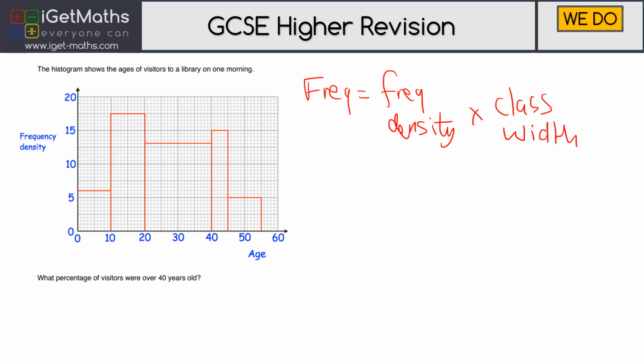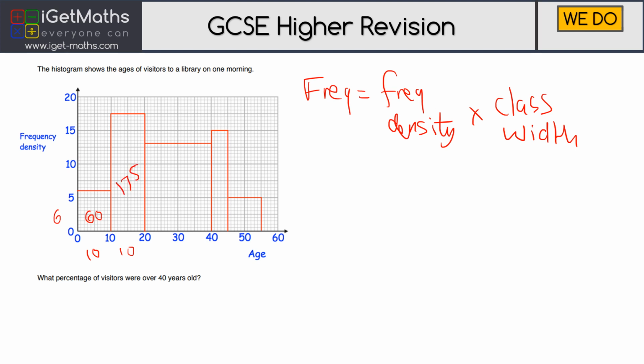And then quite simply, we're going to look at each bar. We've got 10 wide, with each 2 squares making 1, so that is 6 high. 6 times 10 is going to be 60. Then this is 10 to 20, which is 10 wide again. So that's going to be 10 times, well, this is 15, that is 20, so halfway is going to be 17.5, and 17.5 times 10 is 175.